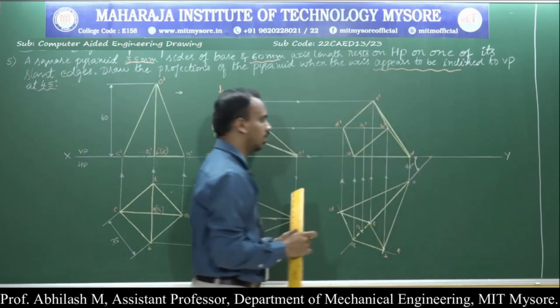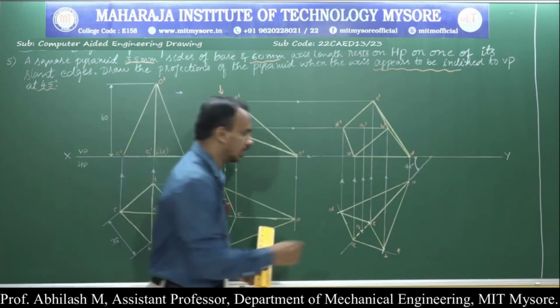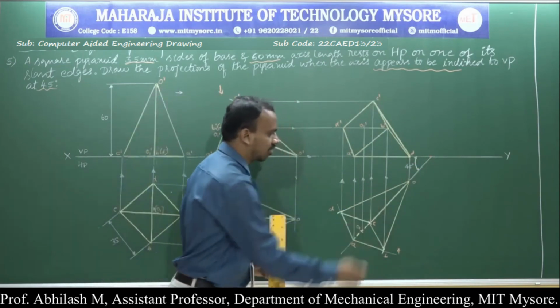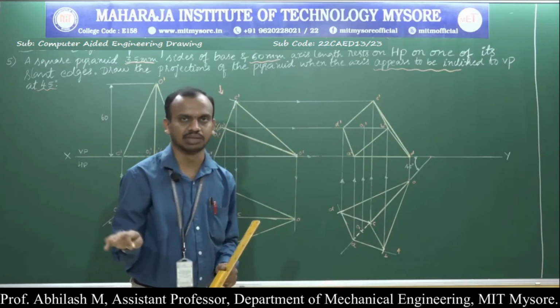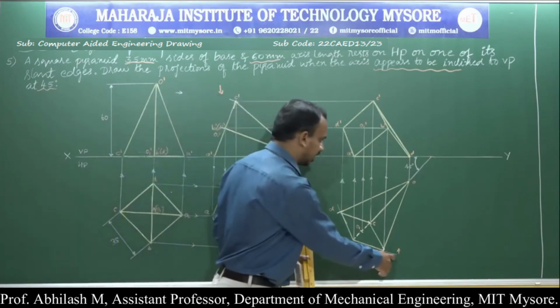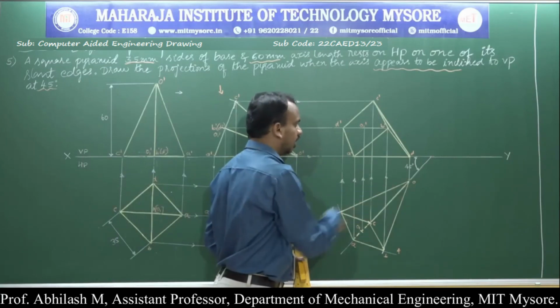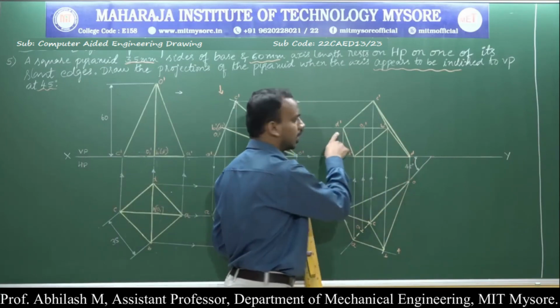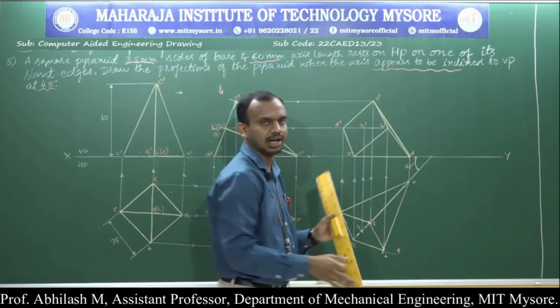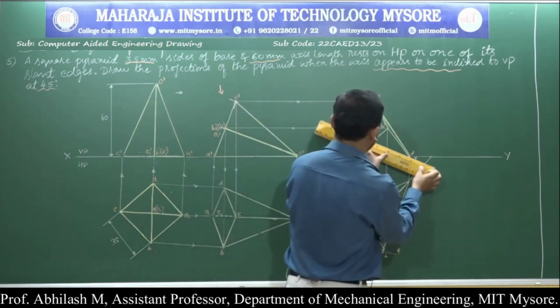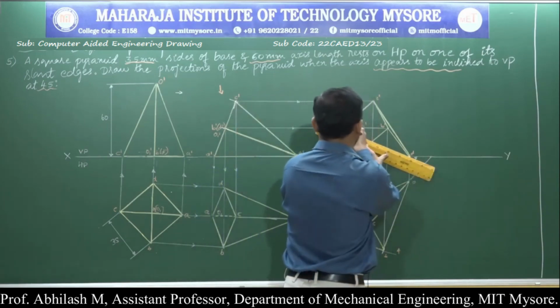The edges or the faces which are far from the observer are not clearly visible. So which is that particular edge? It is O to D. Here it is O dash to D dash, which is not clearly visible. So just draw a dotted line.